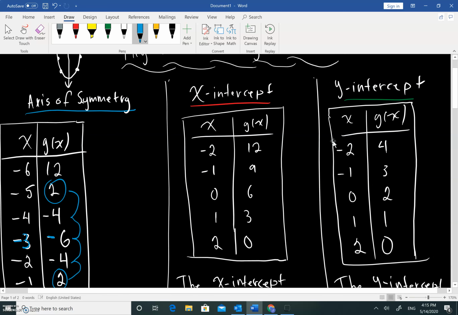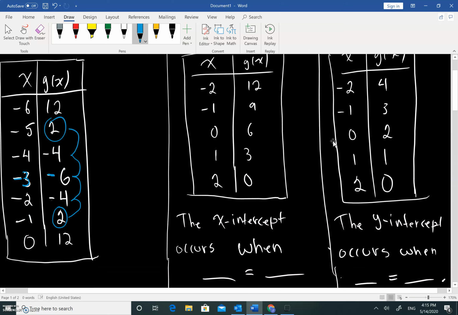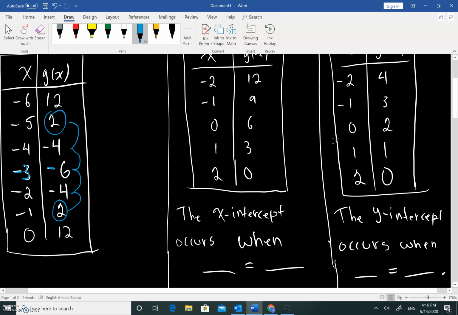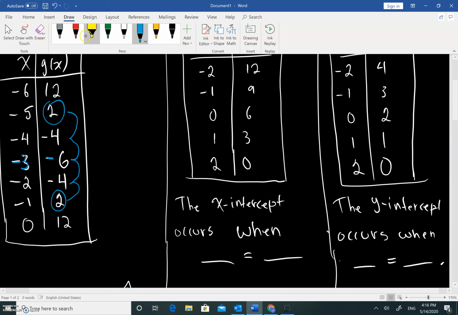Okay, so now let's go over how do you find the x-intercept. So for the x-intercept, you first have to remember what is the definition of an x-intercept. So I went ahead and I wrote it down below. The x-intercept occurs when what is equal to 0.